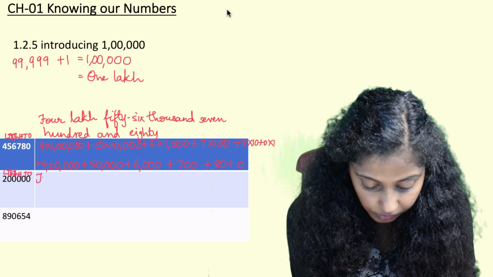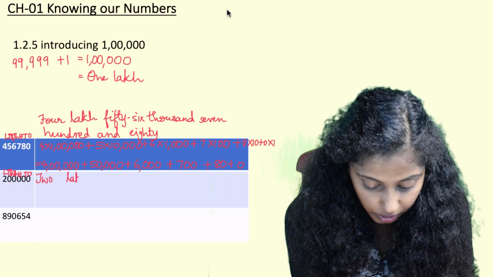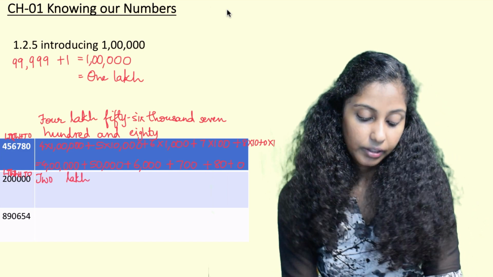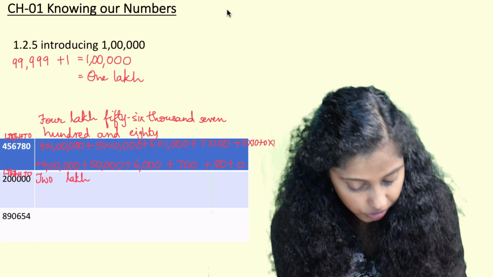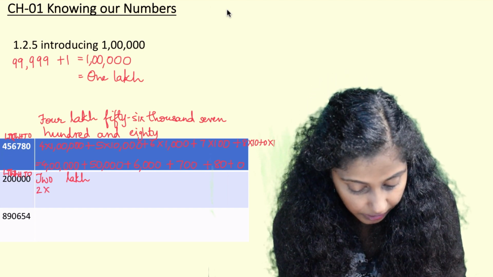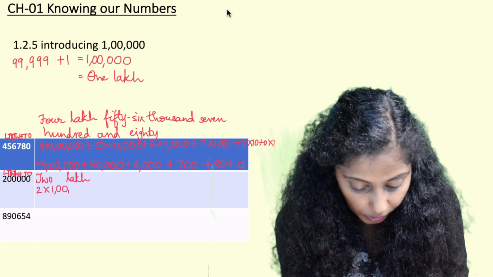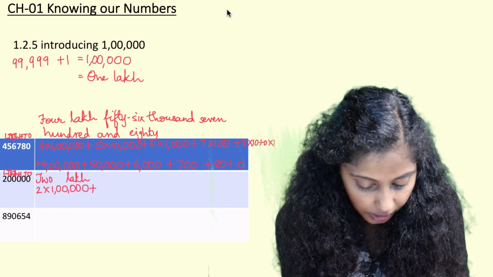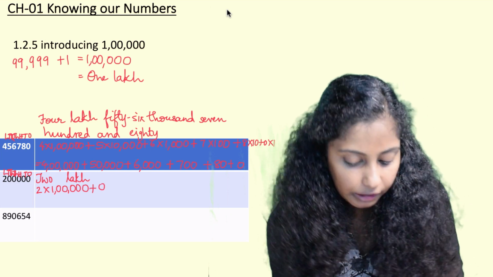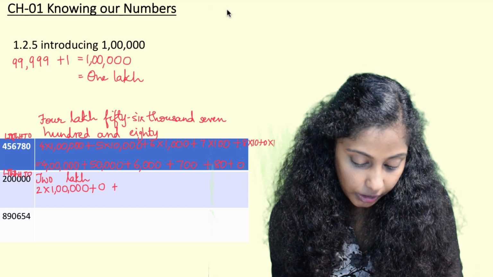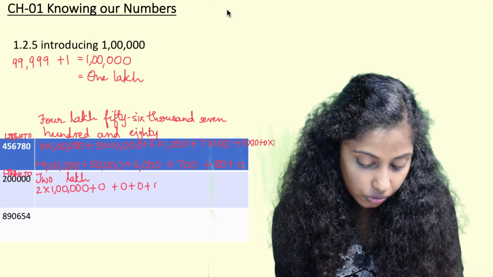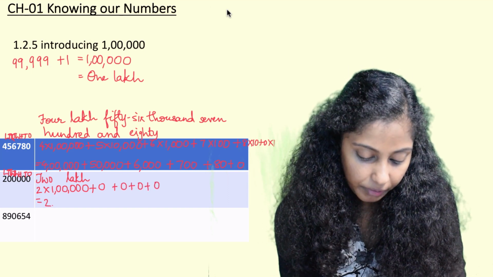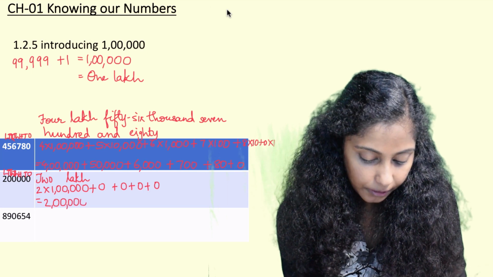So in lakh place we have 2, so we write 2 lakh. There is nothing else, so 2 lakh and stop. And once we have to write the place value, 2 multiplied by 1 lakh. Rest all are zeros only, so we can directly write 0 because 0 multiplied by any number is also 0. So ultimately we get 2 lakh.